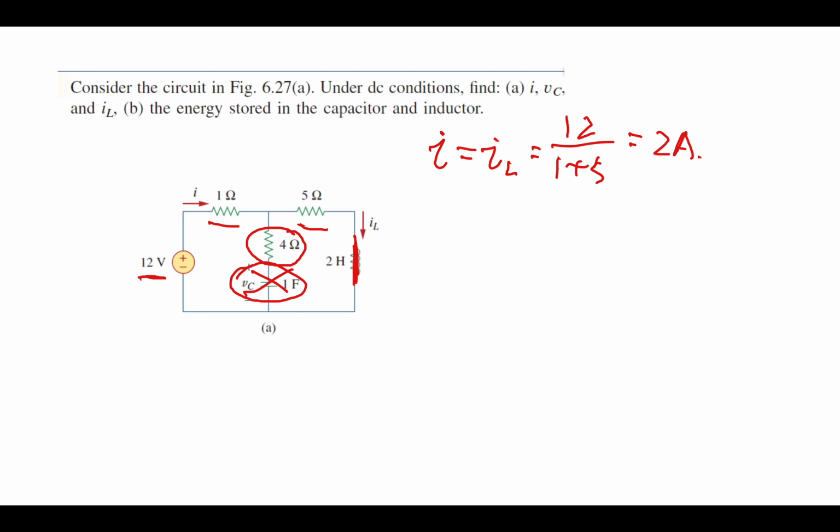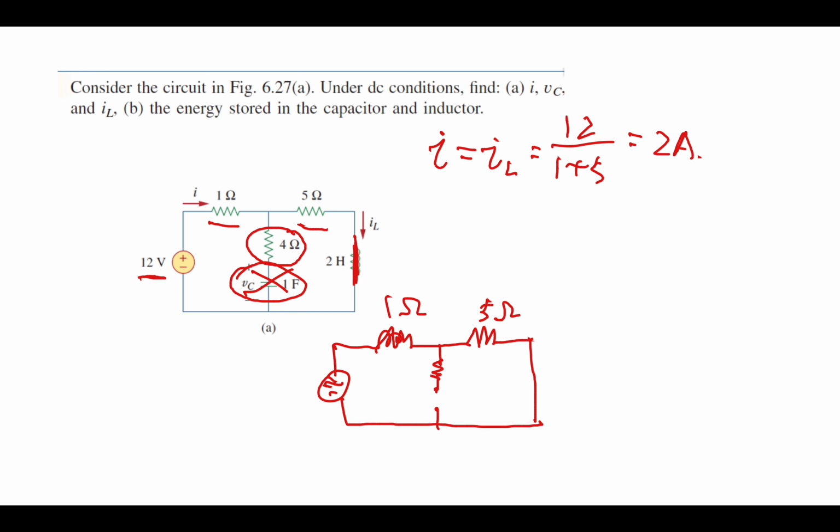And the voltage VC. So VC here is across the open circuit, so we draw the equivalent circuit. This is 1 ohm. So this is VC.